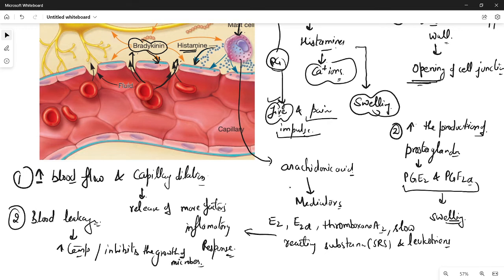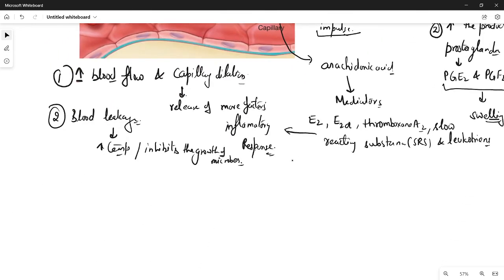Another event in the damaged tissue is that a fibrin clot is formed. This clot inhibits the spread of infection.